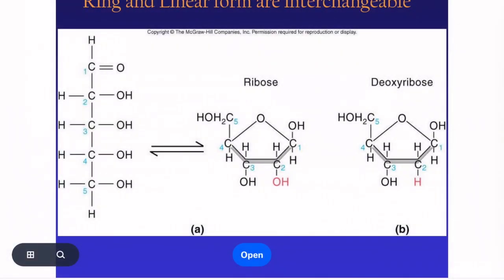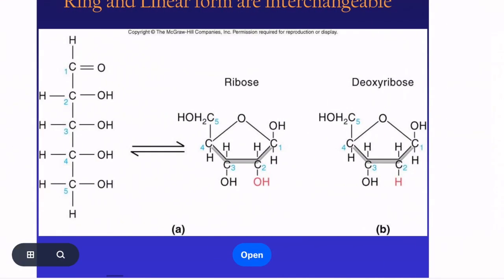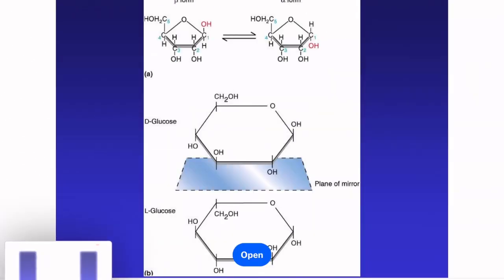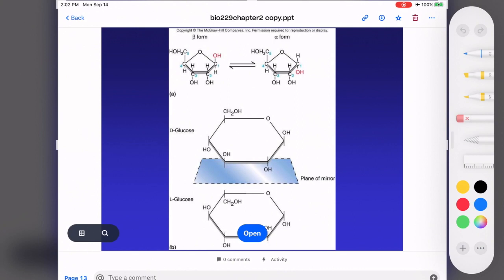One more thing before we go on to saccharides. All right, another form of these exists. It's the same arrangement of atoms, but they can be in mirror images. So here we've got glucose.